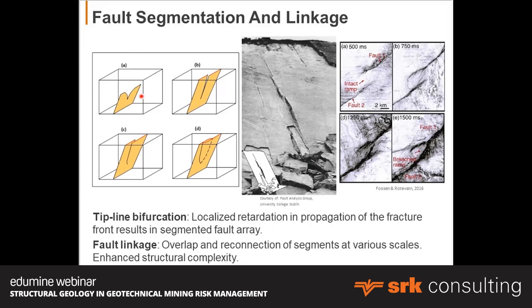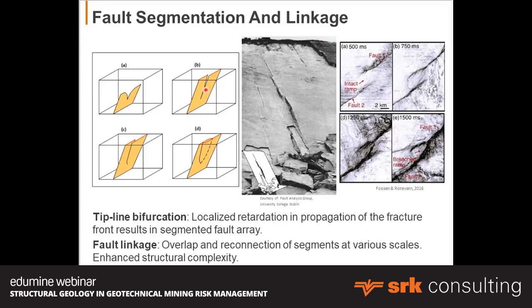So here you have a fault that's propagating upwards. Okay, for some reason, along the tip line of that fault, there is some retardation, and certain parts of the fault are propagating faster than other parts. All right. So as it continues to extend, you end up with two different fault segments. This is the process of segmentation.